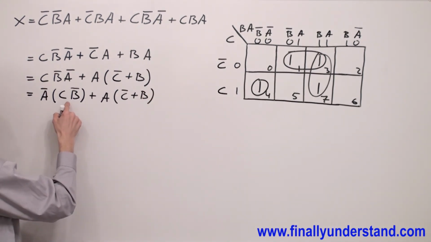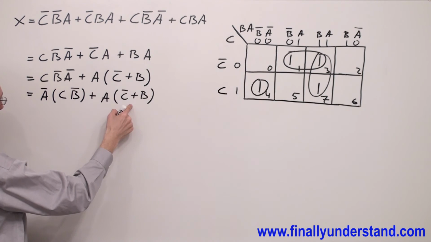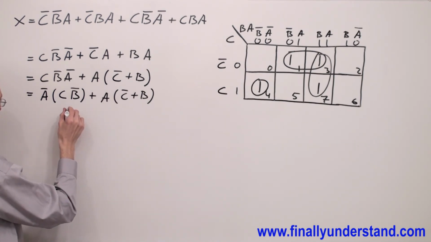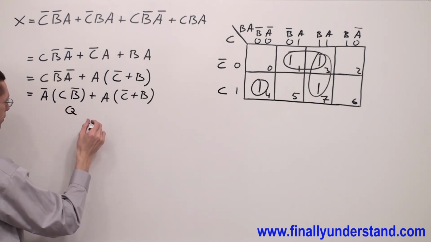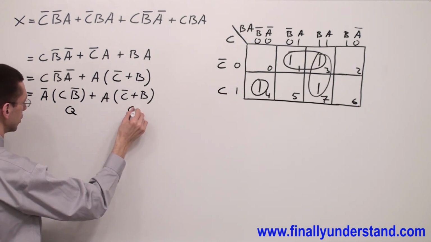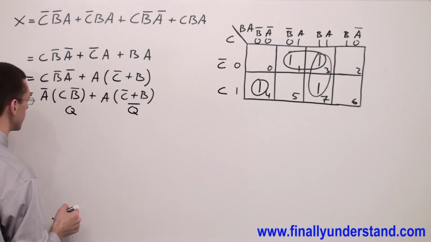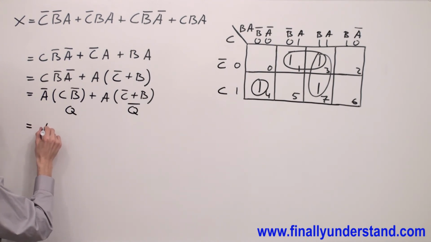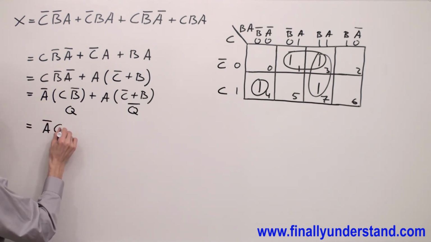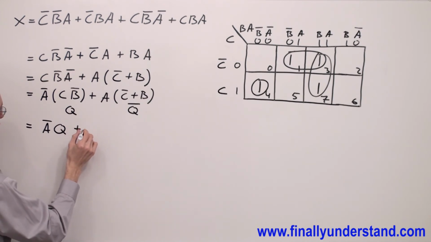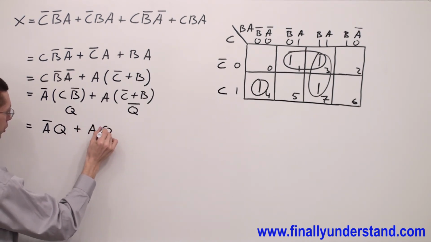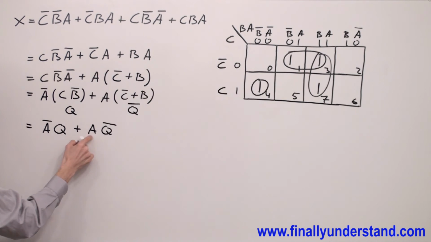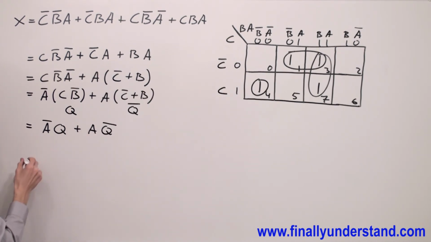Please notice that we have complements over here. I'm going to call this one Q, and this one I'm going to call Q naught. My expression is going to look like this right now. I have A naught Q or A Q naught. This is nothing else, just exclusive OR gate.